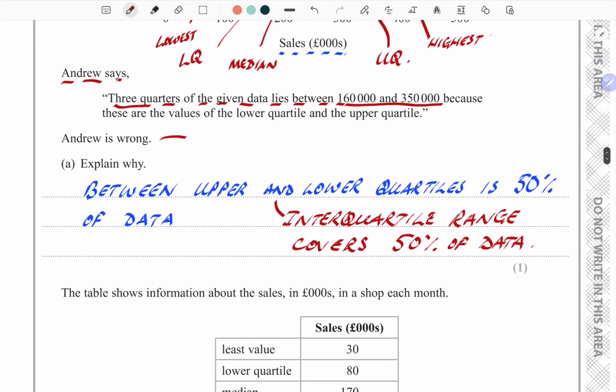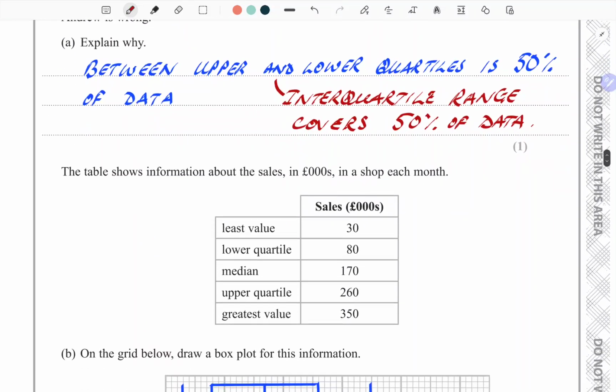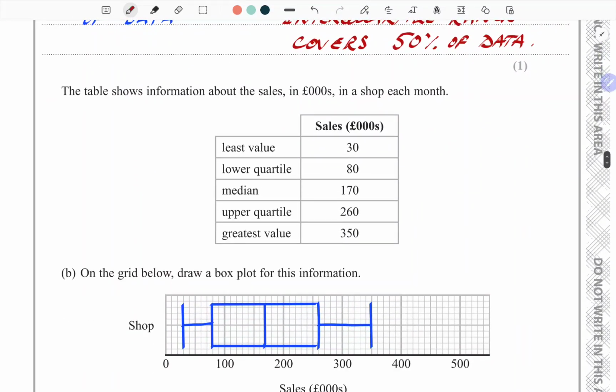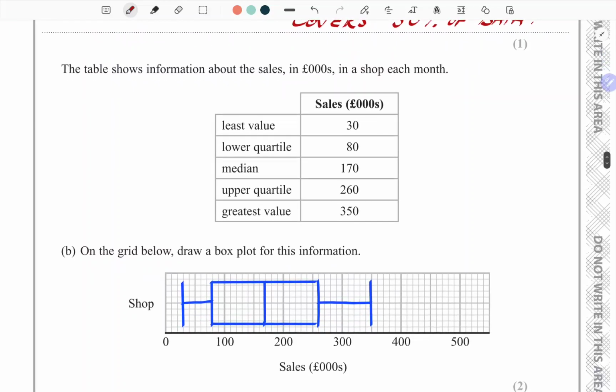Just a bit of quick revision. And in the second part of the question, they're giving us some data about a different shop. And for this one, you need to draw the box plot. So what we've done, the least value, 30, so that's there. Then you got the lower quartile, 80, that's there.